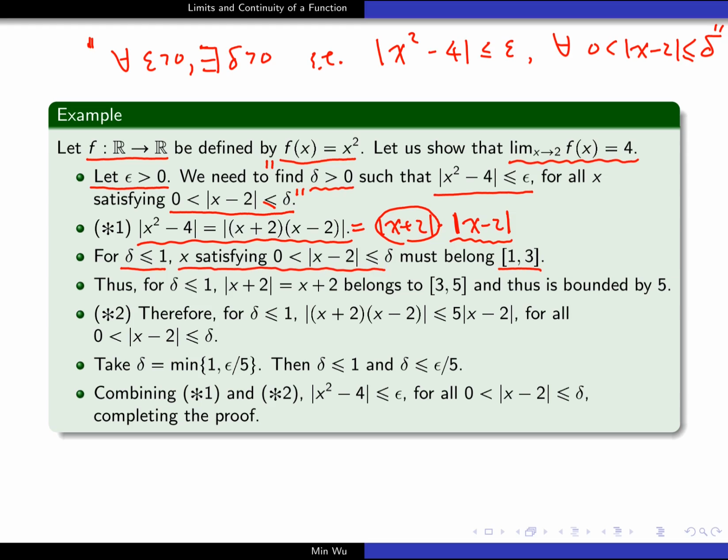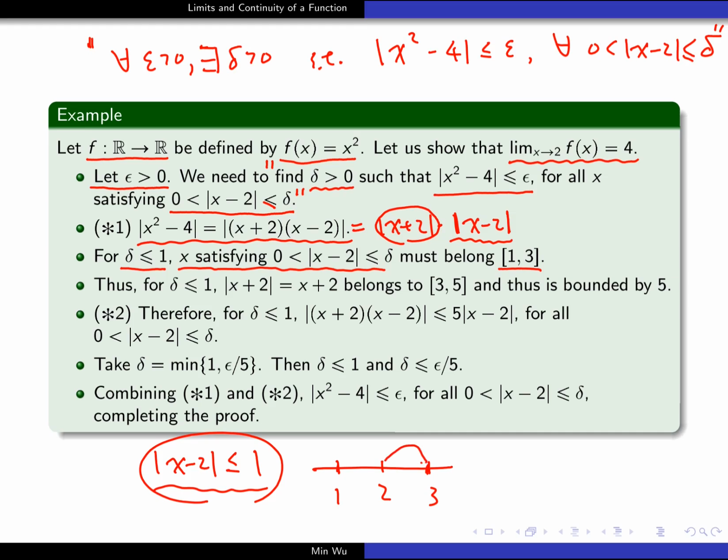When |x - 2| is less than or equal to 1, that means x is between 1 and 3, because |x - 2| means the distance between x and 2, and this condition says that this distance is less than or equal to 1.